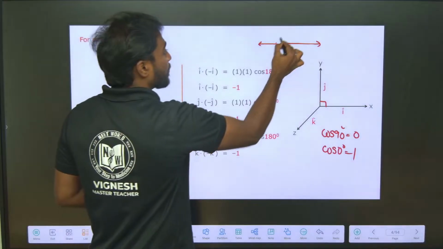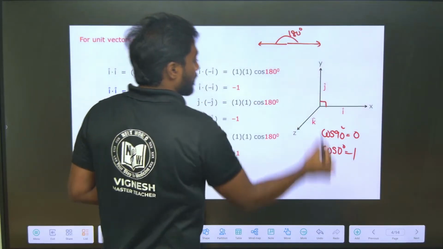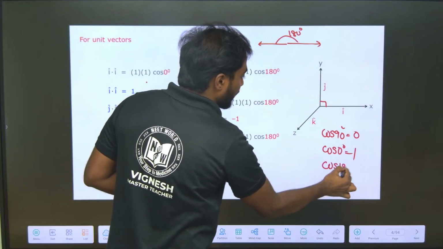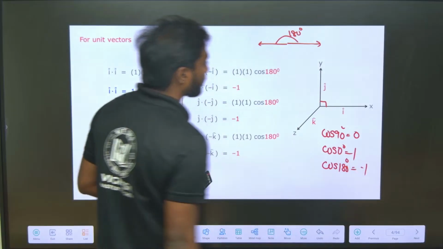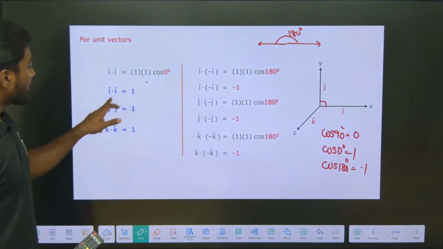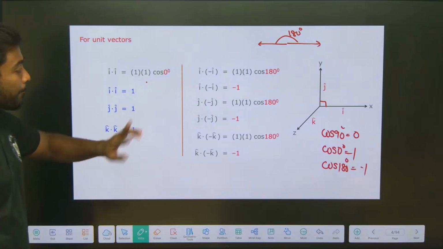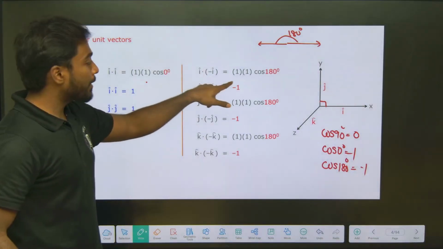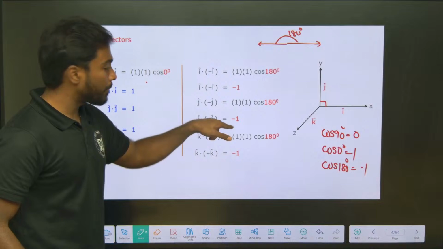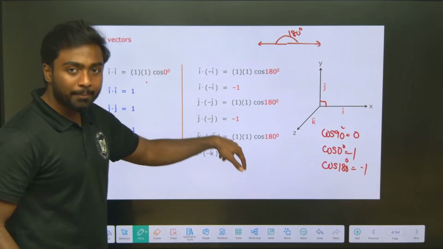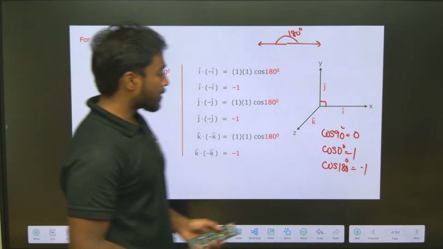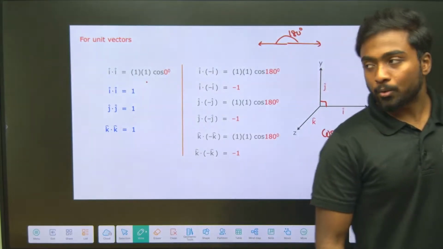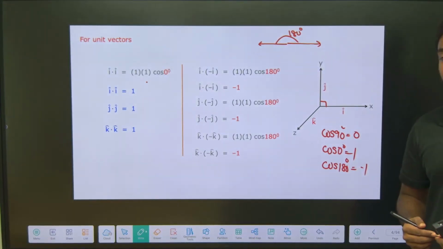The angle between them is 180 degrees, so cos 180 degrees will be equal to minus 1. That's it. So i dot i is 1, j dot j is 1, k dot k is 1, whereas i dot minus i will be minus 1, j dot minus j will be minus 1, k dot minus k will be minus 1. Okay, so these are the unit vectors for scalar products.